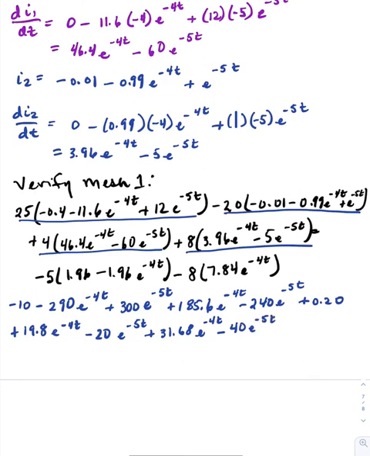And all this is equal to, let's do this one, minus 9.8 plus 9.8 e to the minus 4t minus 62.72 e to the minus 4t, which is this right here. Okay.